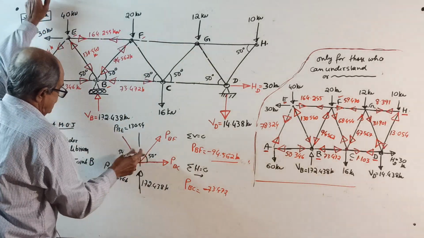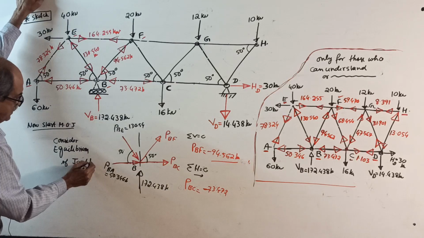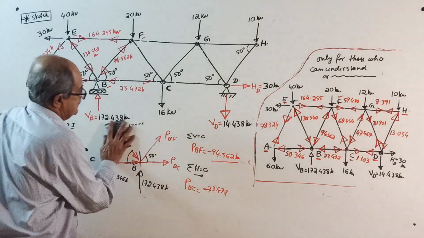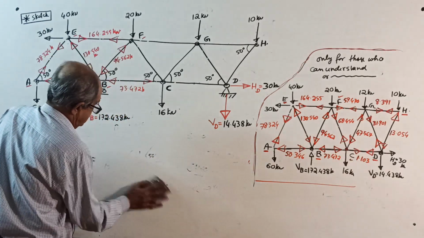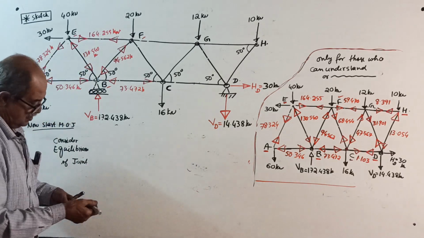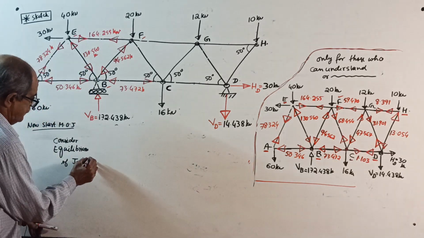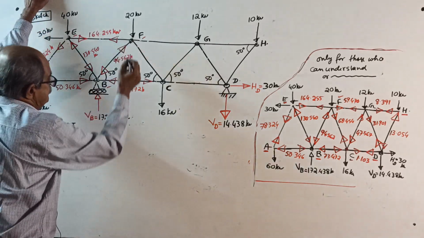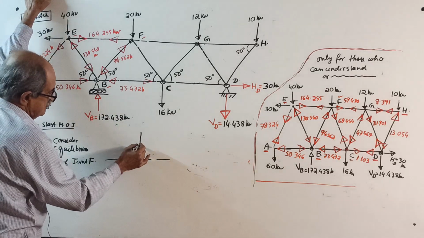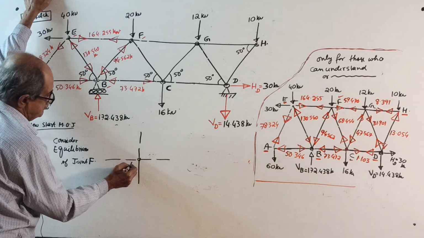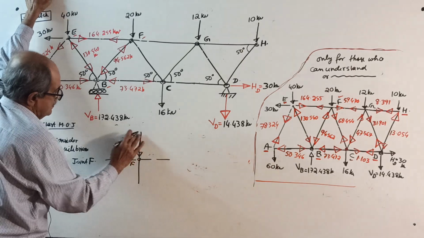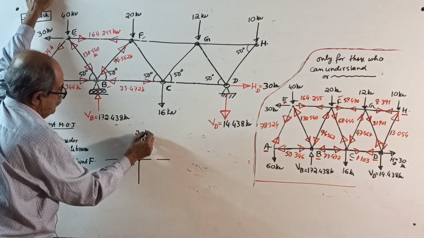Joint F. Consider equilibrium of joint F. Put the sketch. Okay, start. This is your F. Down 20 kilonewton.